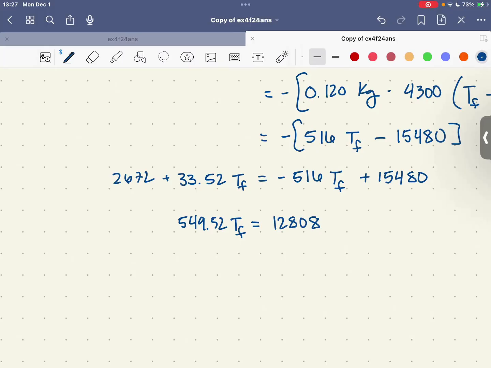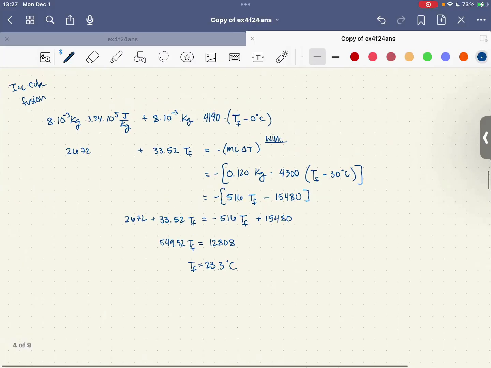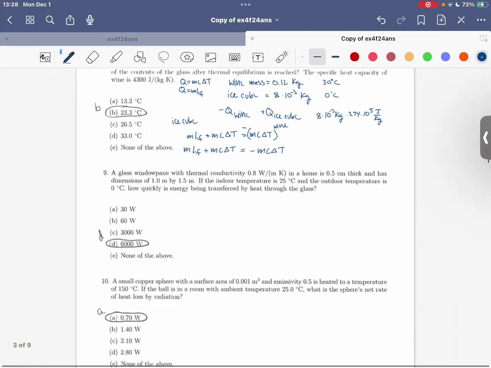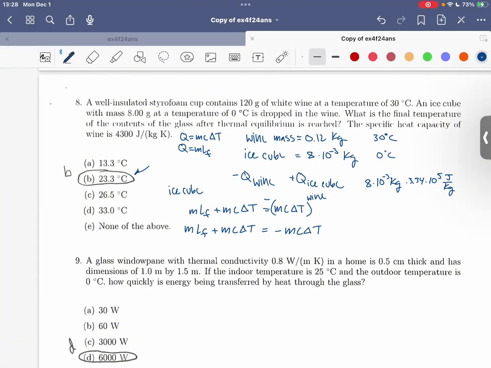Okay, and then from here, you just divide and you get temperature final is equal to 23.3 degrees Celsius. All right, so that should be our correct answer. Let's go back here and yep, it's right there, 23.3 degrees Celsius. Okay.